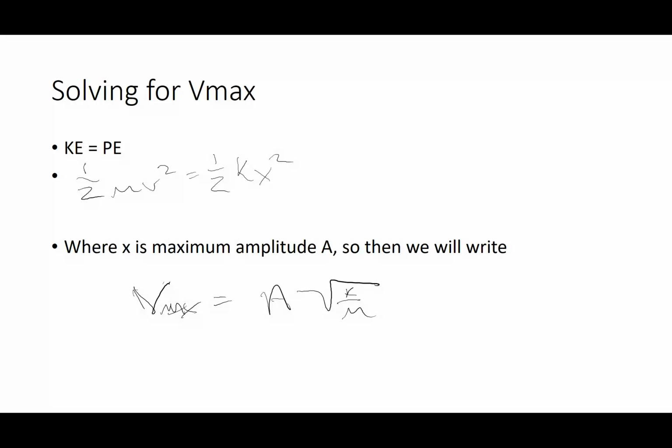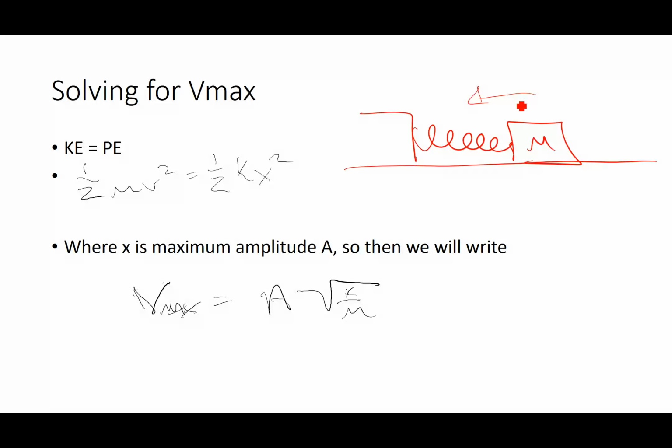All right, first we're going to look at a particular problem where we have a mass M that's attached to a spring, and typically they're horizontal and it's moving back and forth in simple harmonic motion. We want to be able to solve for the maximum velocity that this object is going to have.